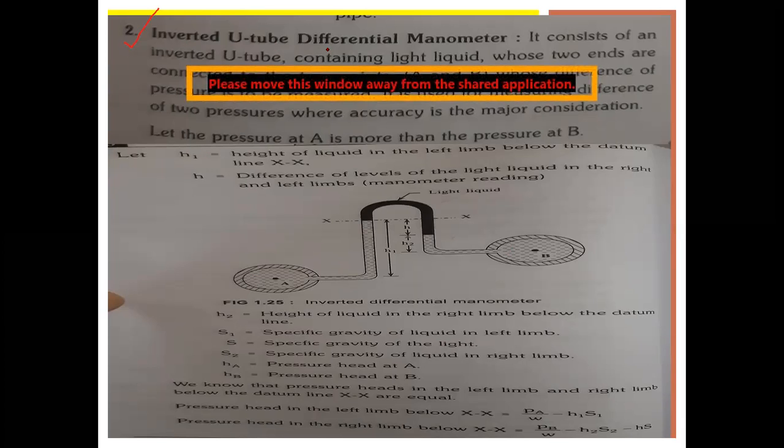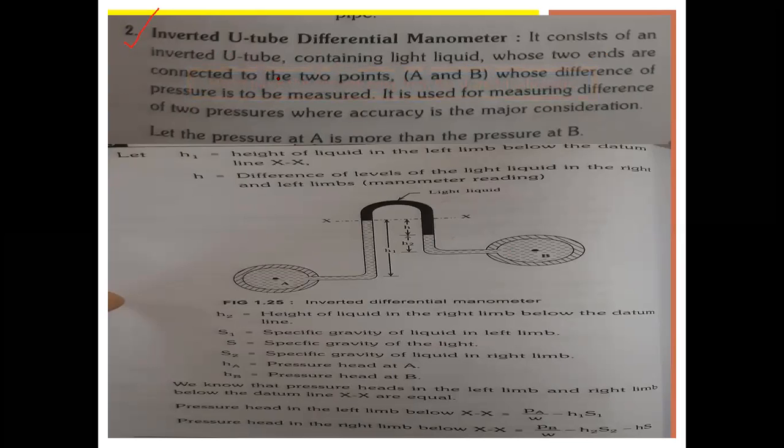The inverted U-tube differential manometer consists of an inverted U-tube containing a light liquid, whose two ends are connected to two closed pipes A and B, whose difference of pressure is to be measured.